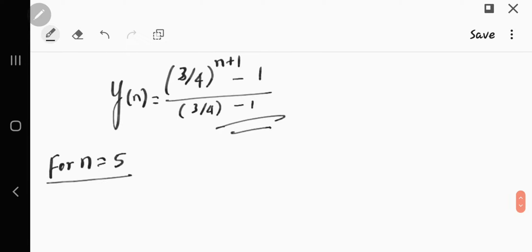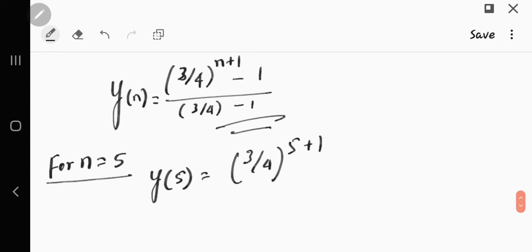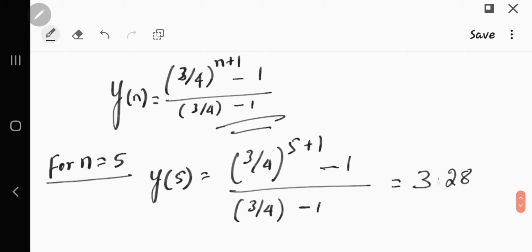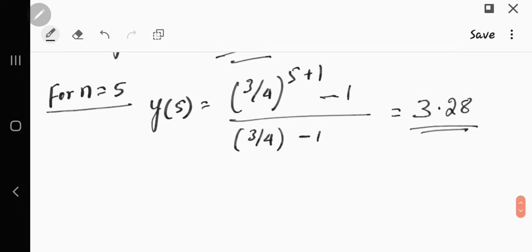So the above equation will become y of 5 is equal to 3 by 4 to the power of 5 plus 1 minus 1 divided by 3 by 4 minus 1. Okay. If you simplify this, you should get 3.28. So you will get 3.28 as the answer for n is equal to plus 5.